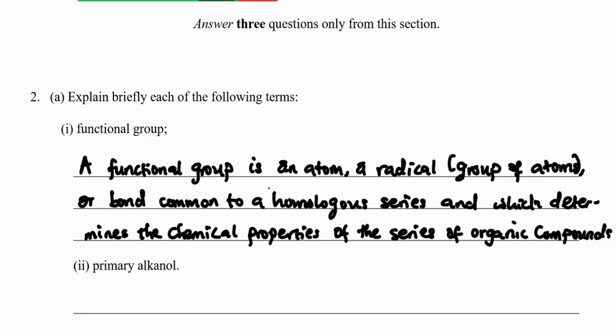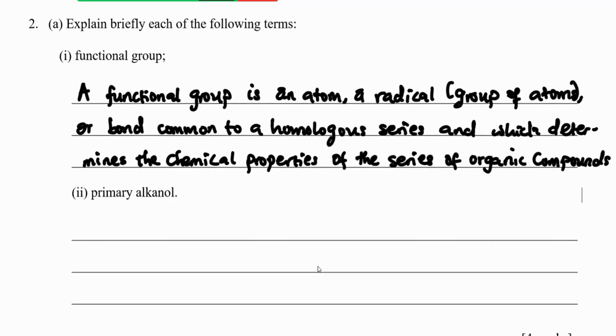So it's very important to include that it determines the chemical properties. This is what makes functional groups what they are. They determine the chemical properties of the particular homologous series they identify with.